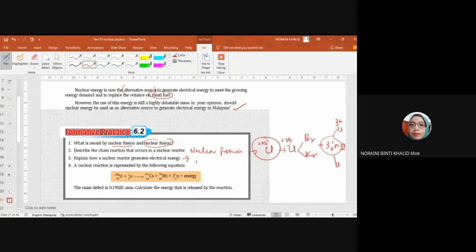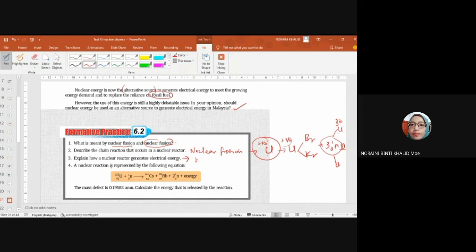To control the number of neutrons for the next fission process, a boron rod is used to absorb excess neutrons and control the rate of the fission process in the nuclear reactor. And then what happens? The heat energy released is absorbed by water. Water changes to steam. The steam will turn the turbine. The turbine that rotates in the magnetic field of a magnet will generate electricity that can be transmitted through the transmission line. So you can just write in your own words to explain this one.